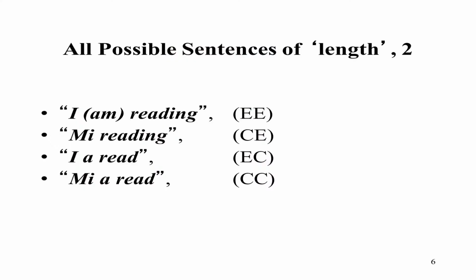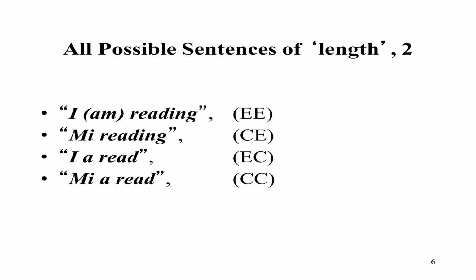To anticipate the notation I'll be using: round brackets, and then inside, the variants coded either as E for English or C for Creole. So the first sentence is English subject, English verb: I'm reading. The second one is me reading. The third, I read. And the fourth is me read.